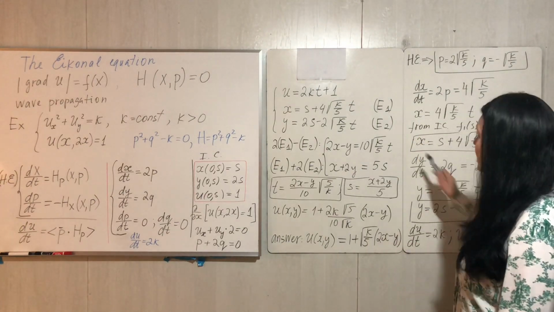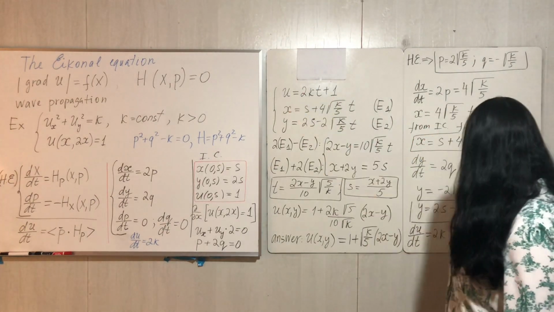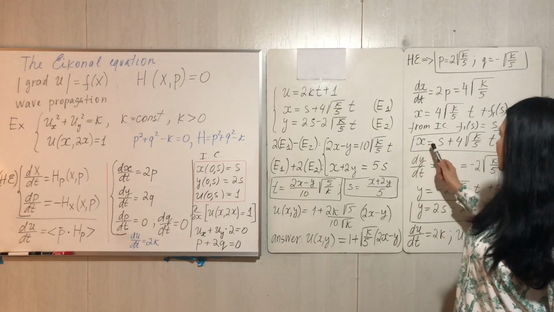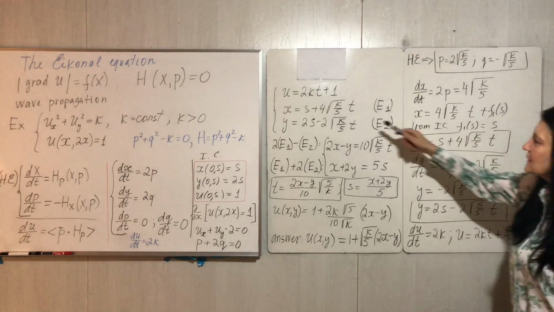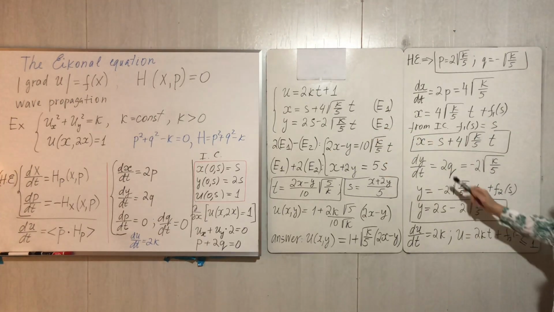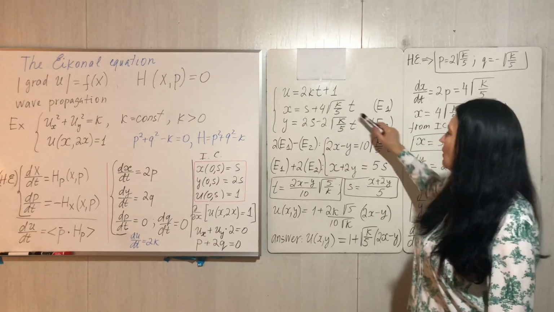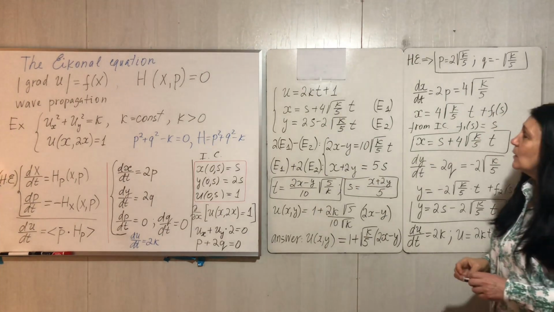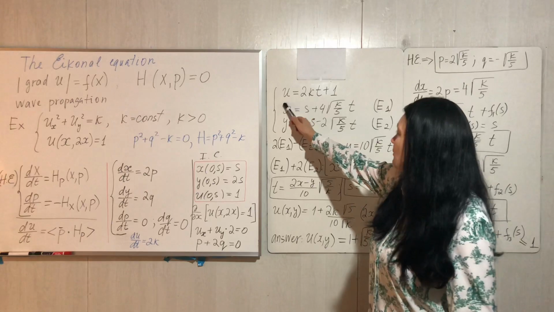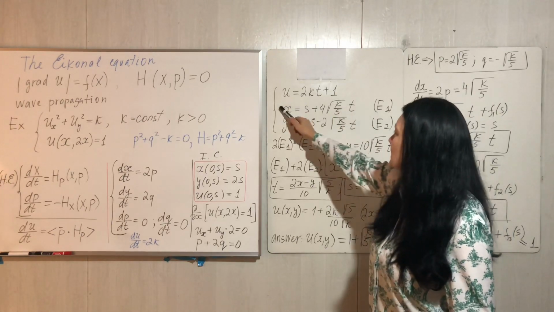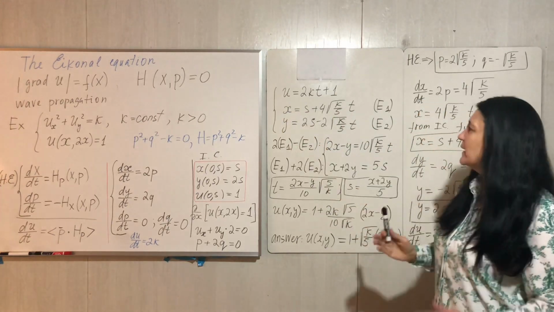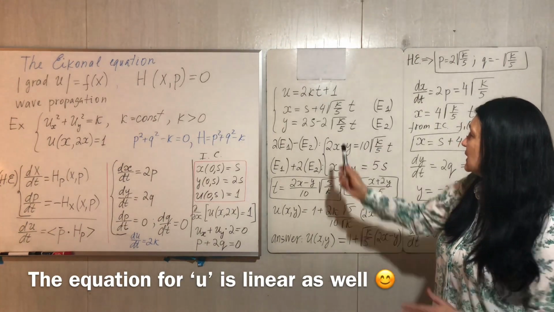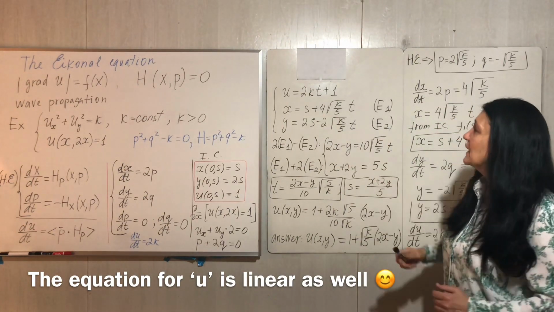I copied the equation for u here, so for u we have 2kt plus 1, and I copied the equations for x here and y here. So now we have all of the equations together that we need. If we look at these equations for x and y, we can see that our characteristics are lines.